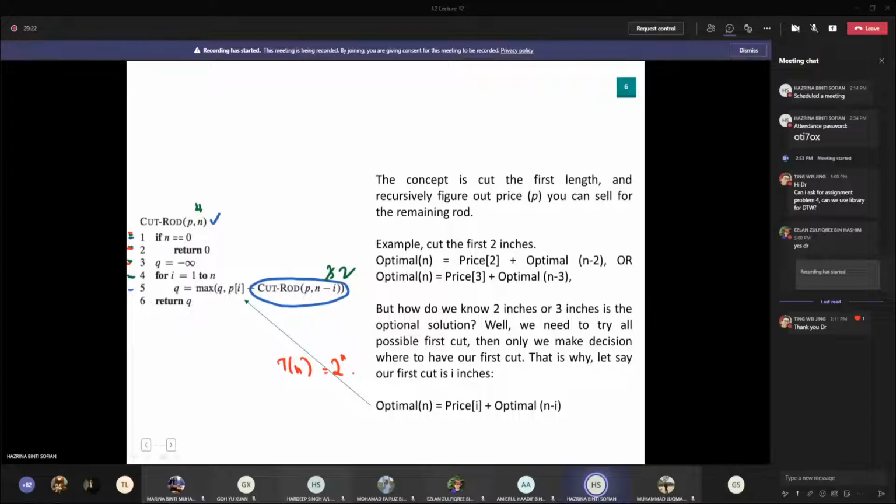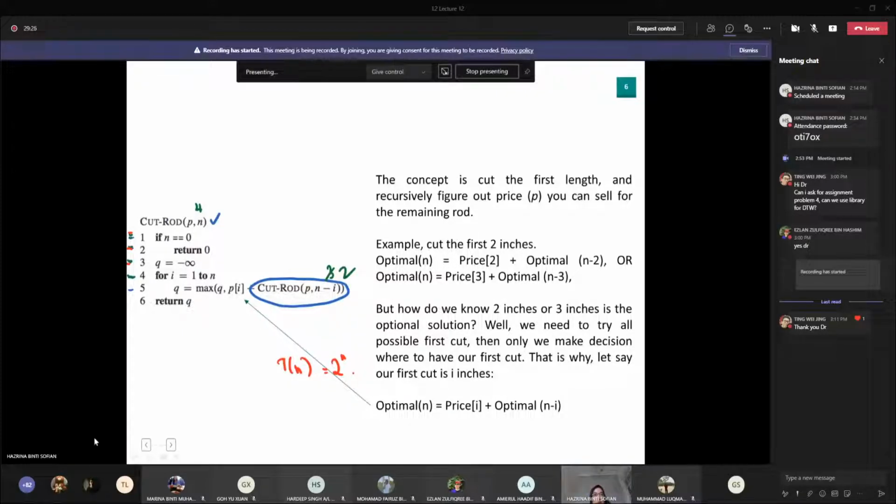Like I mentioned just now, so we have this rod, we cut the first length. So the first length can be 1.